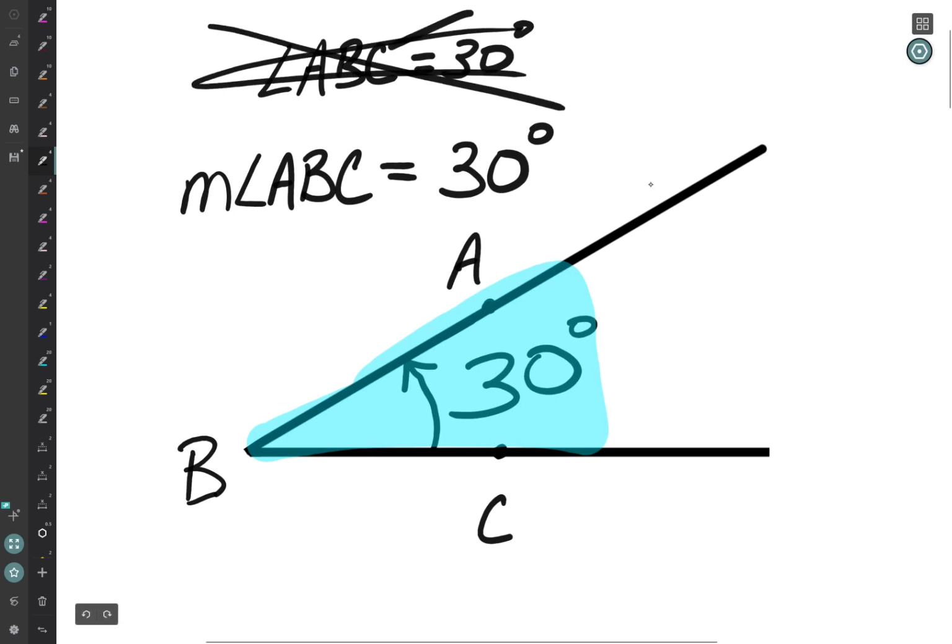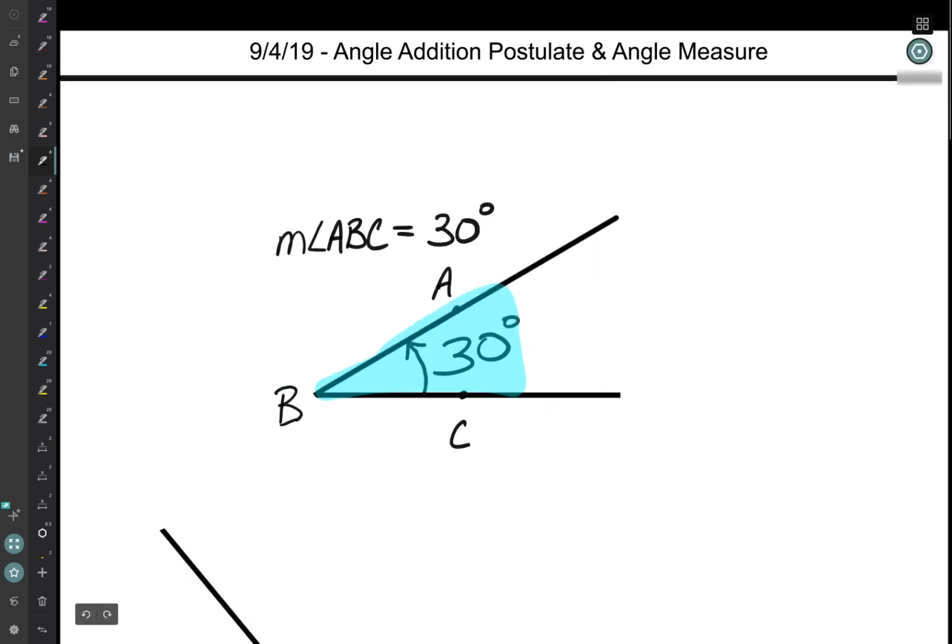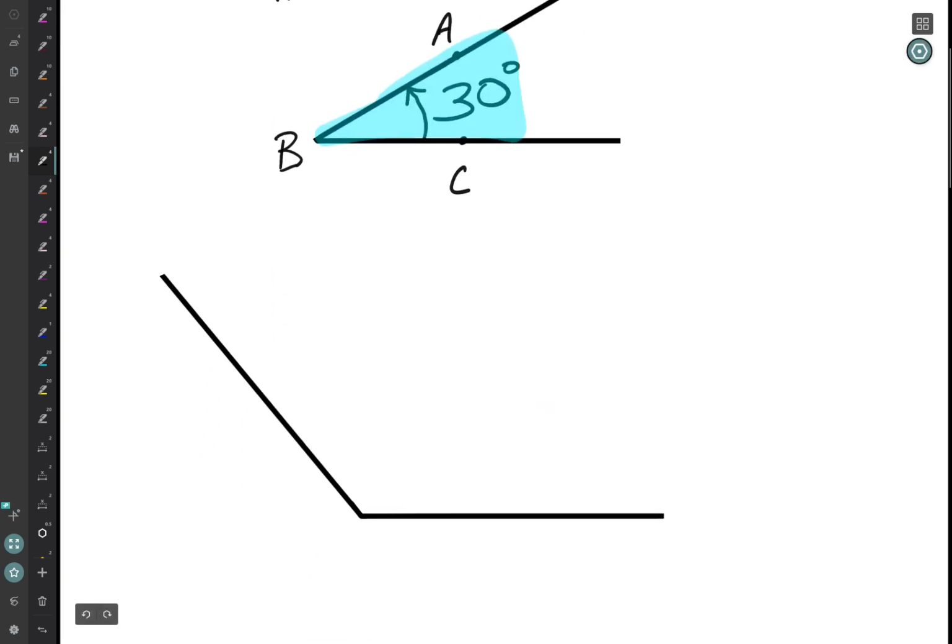What I write is what? What do you think that M represents? Measure. Just as when I'm talking about the distance from A to B, I don't put anything above it. And I might say that's like 5 inches, right? Agreed? Well, how do we write a statement with measure? We put a little M in front of it. So you should read that not as M angle ABC. You should read that as the measure of angle ABC. Everybody got that? Now, what about this one?